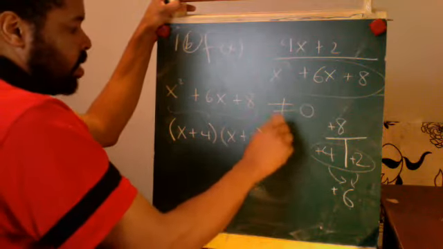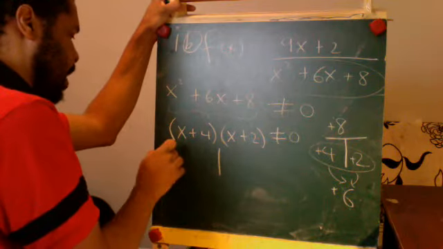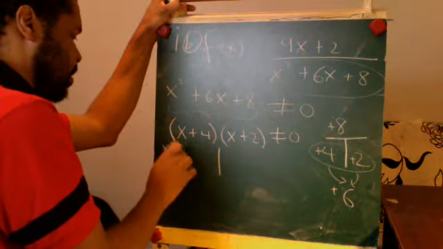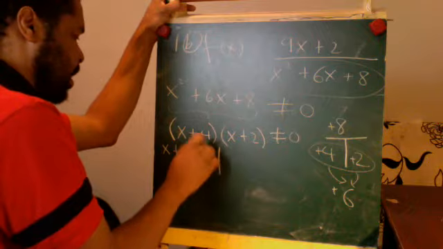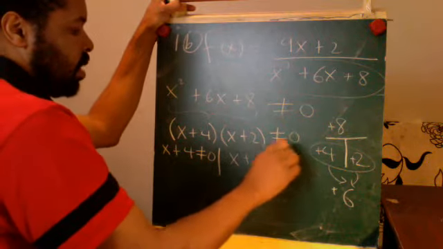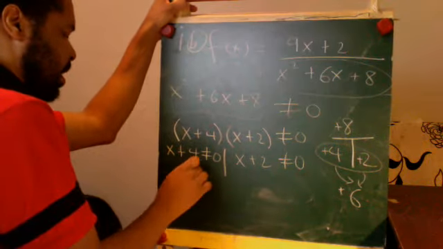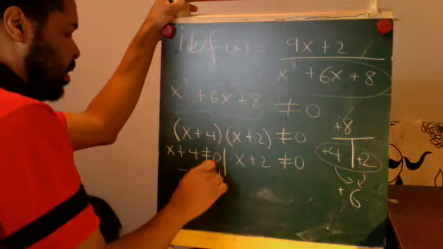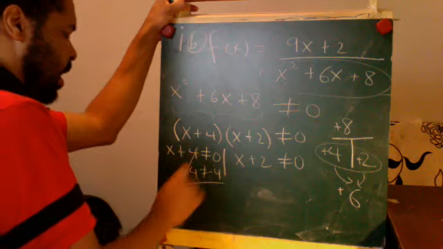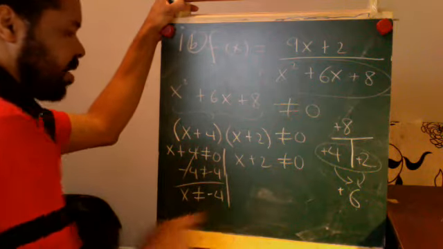We don't want this product to be 0. In other words, I want x plus 4 not equal to 0, and I also want x plus 2 not equal to 0. I'm basically solving like I would an equation. So x cannot be equal to negative 4 on that end.